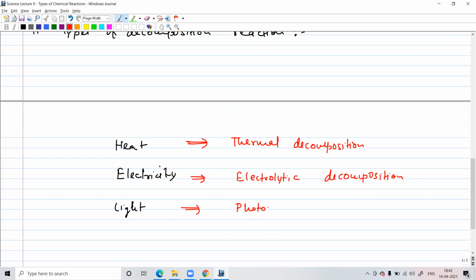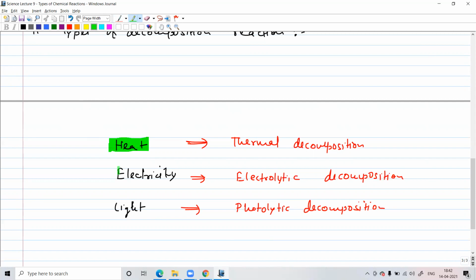Sometimes you may say just photo decomposition or photolytic decomposition. So let me write it as photolytic decomposition reaction. Okay, everyone is okay with this idea?